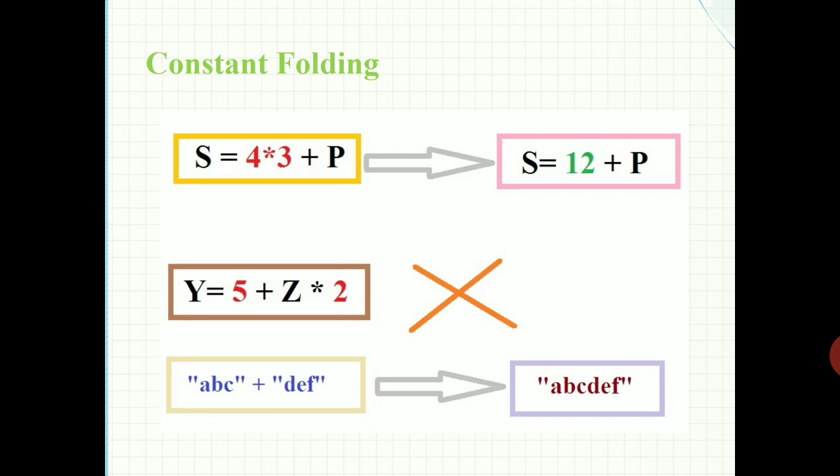Programmers generally do not write expressions such as 4 into 3, but these expressions are relatively common after macro expansion. You saw macro expansion in the overview of the compiler. After macro expansion, there is a chance that the expression, or some part of it, will become all constant values.